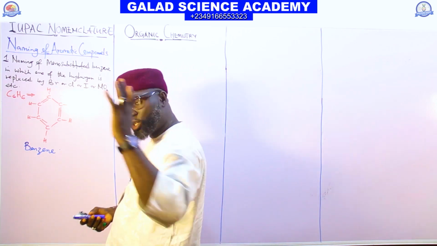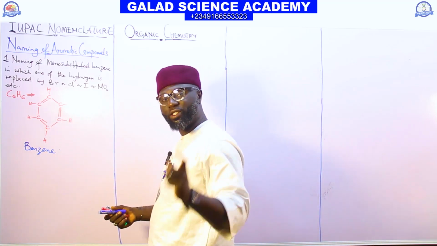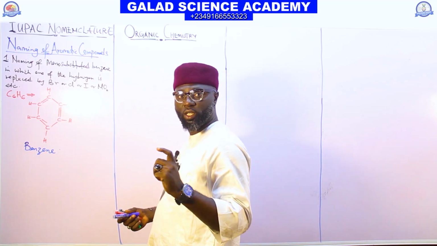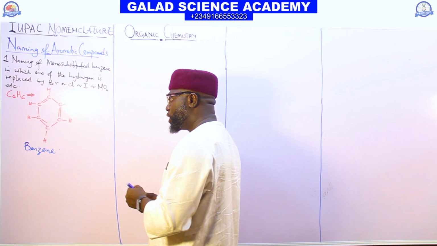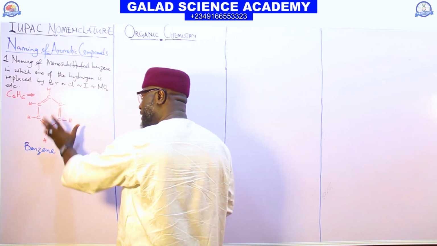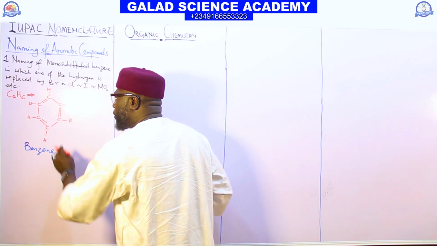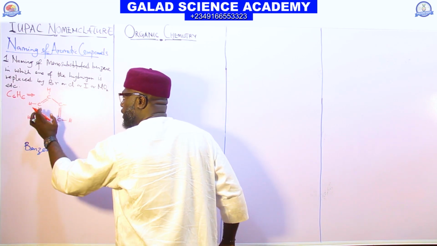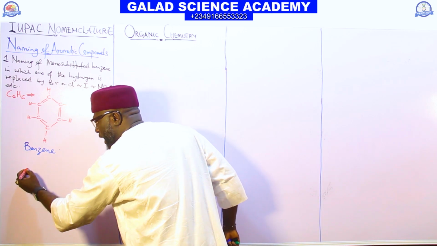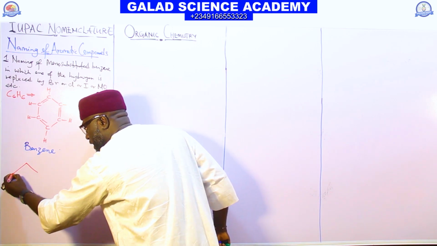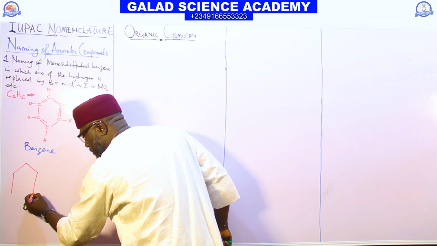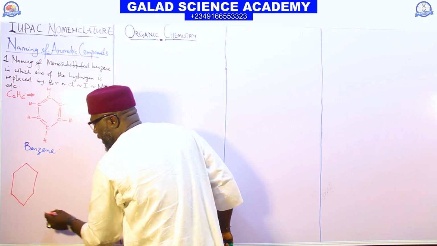And look at this structure. We can also draw this structure in condensed form. If I take 1, 2, 3, 4, 5, 6, I will now draw a hexagon. Look at the structure I draw here.